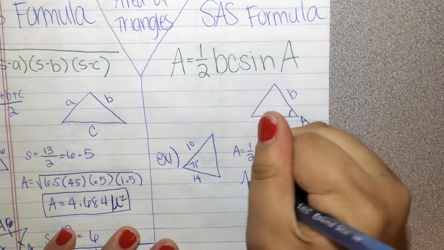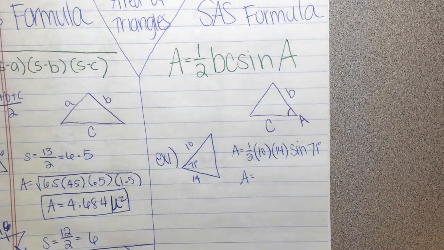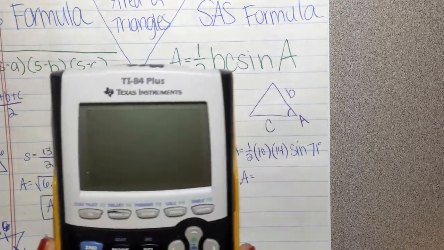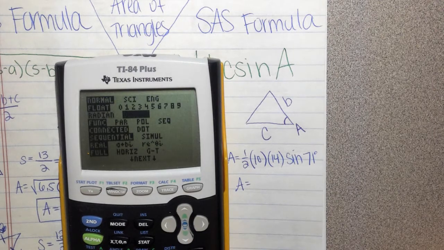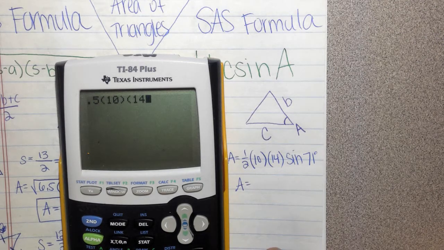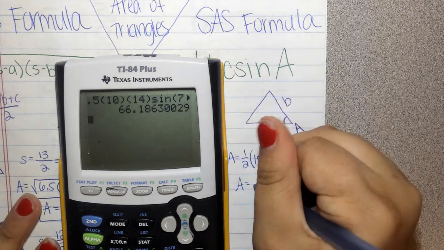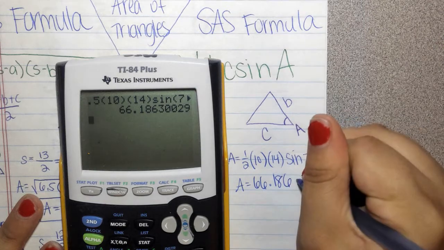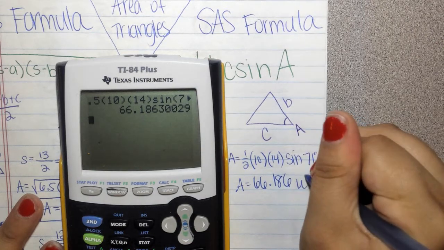Now, this one has to be a decimal because you're doing sine, SOHCAHTOA. The biggest reason people get this wrong, they forget to make sure their calculator's in degrees. So just make sure of that. I'm going to do 1/2, 10, 14, sine of 71. And so my area is 66.186 units squared.